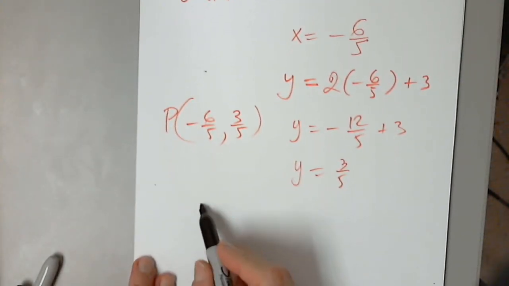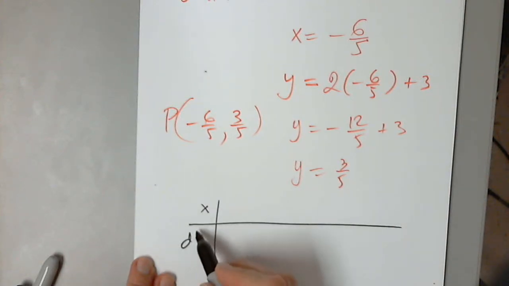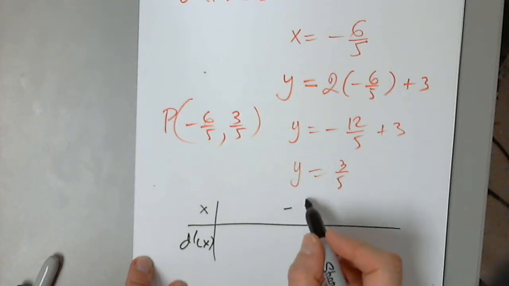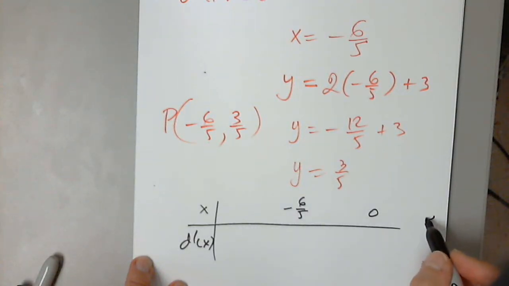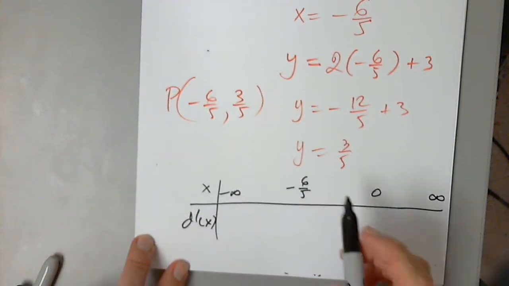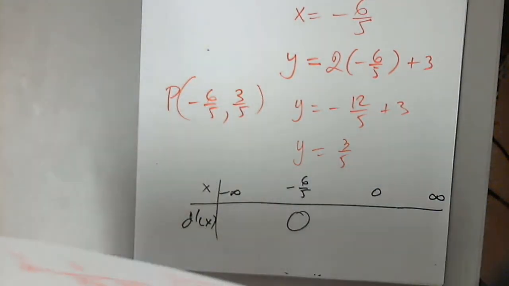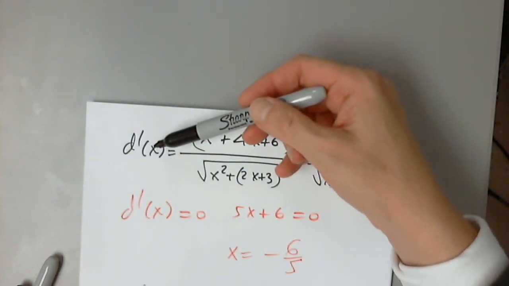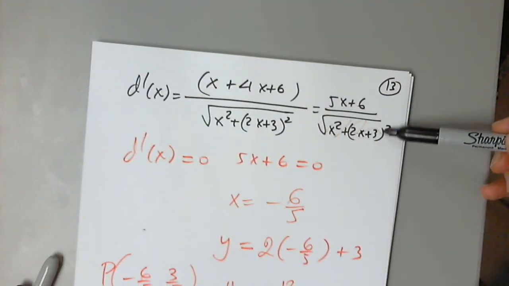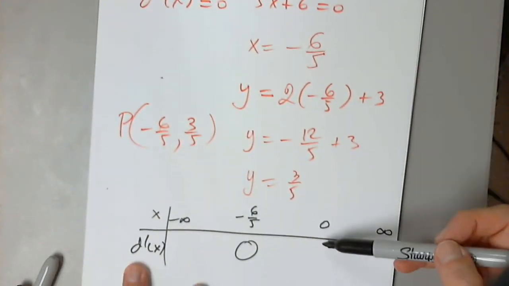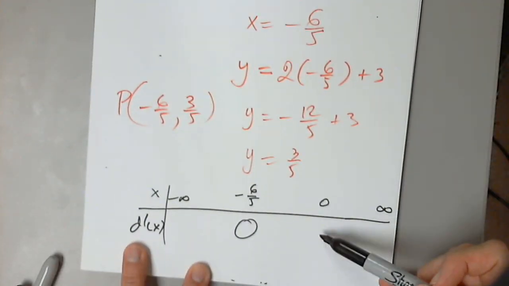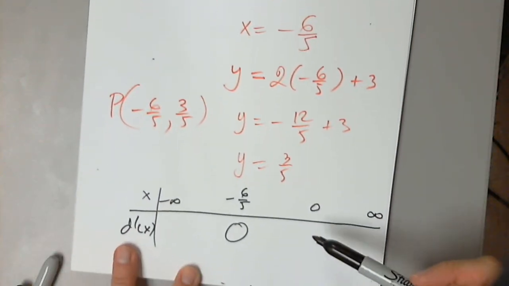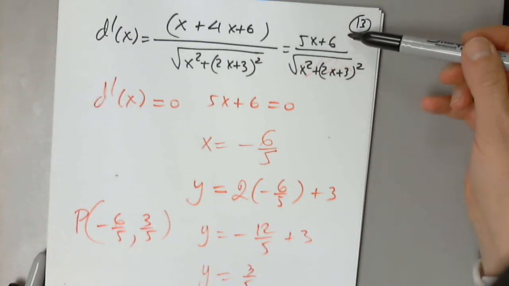So here we'll right now d prime of x, and we have here negative 6/5, and we have 0, and we have infinity, of course, and negative infinity. So we look at this function. This is the function, the first derivative. We don't care about this. This is always positive. Let's plug in 0 on the right-hand side. What do we get? When we plug in 0 at the top, I only need the sign. Positive.